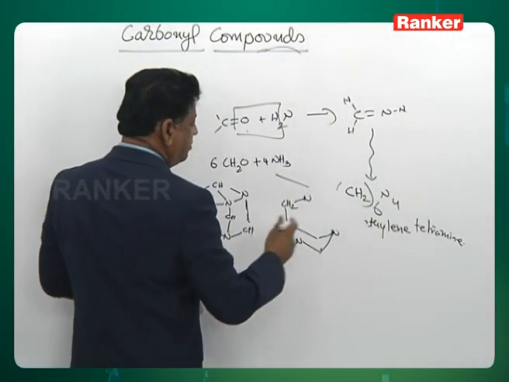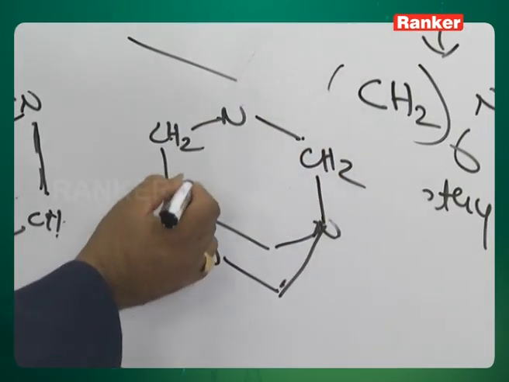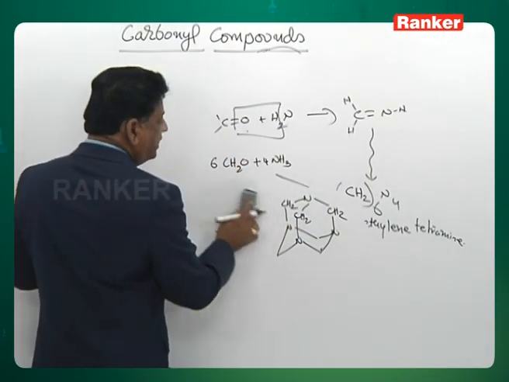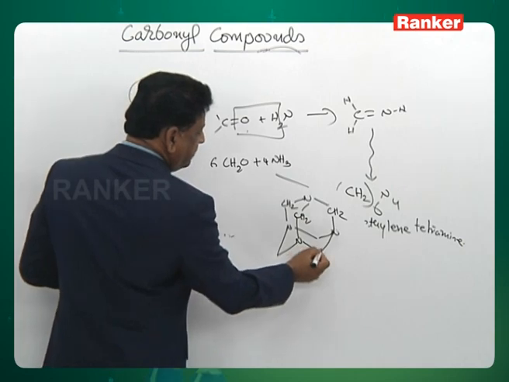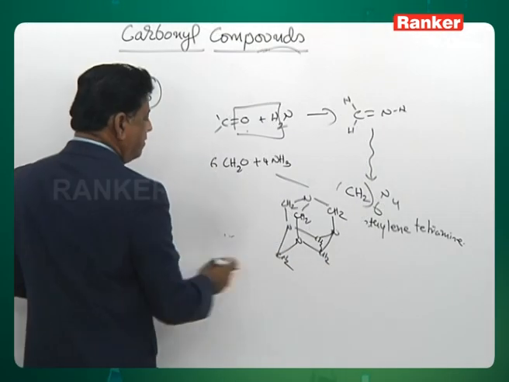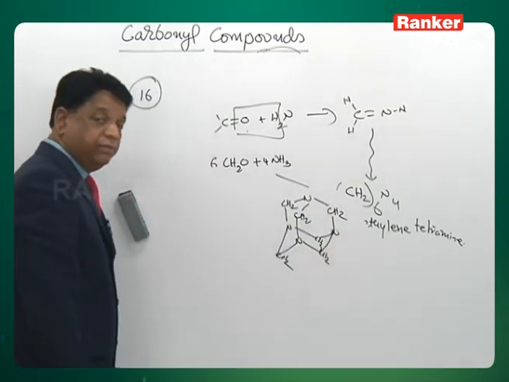Hexamine, it is also called commercially hexamine. Every nitrogen will have 3 CH2 linkages. Hexamethylene tetramine is also called hexamine.